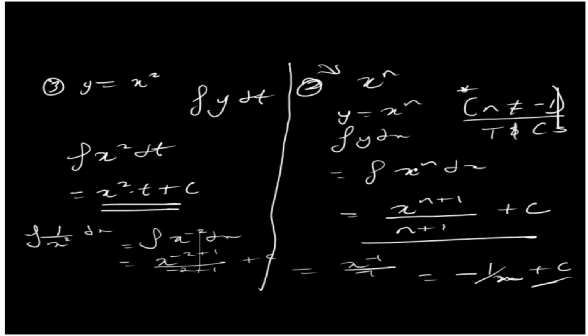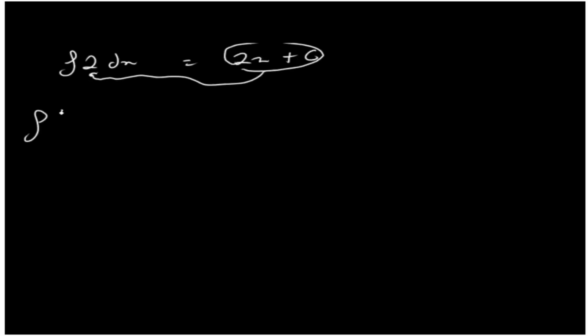So, for example, if you have to integrate 1 over x squared with respect to x, this is the same thing as the integral of x raised to power minus 2 dx. You can still use that formula.